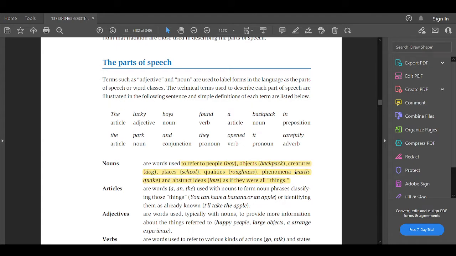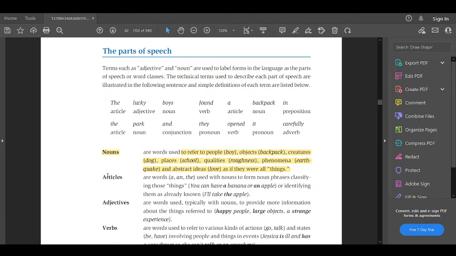So just the names of things that you refer to. These are the nouns. All right. We have articles, the famous ones. We have a, an, and the.